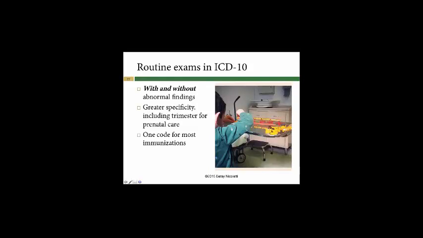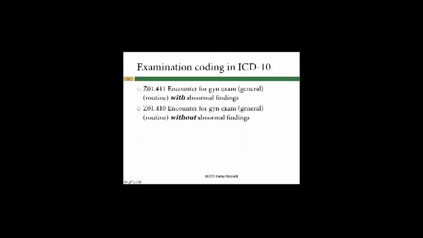So we're not going to just select the equivalent of V72.31. We're going to have a code for a GYN encounter with or a GYN encounter without abnormal findings. There's greater specificity. We saw that in terms of the trimester for prenatal care, and that's for uncomplicated prenatal care and high-risk prenatal care. And we have one code for immunizations, so that makes it a little bit easier.